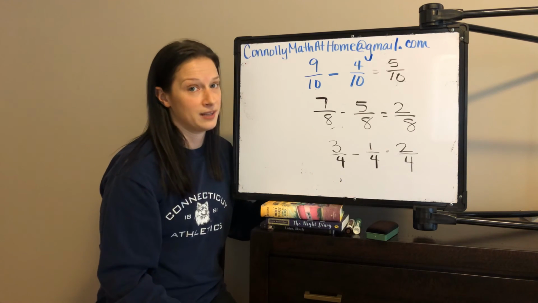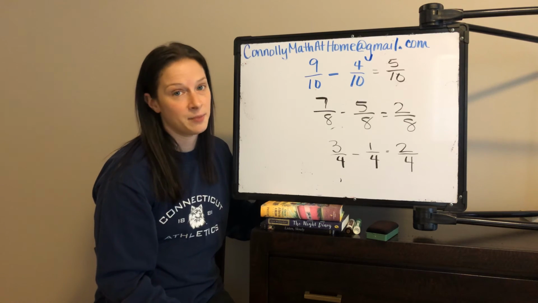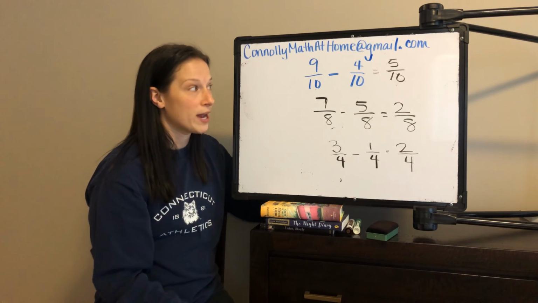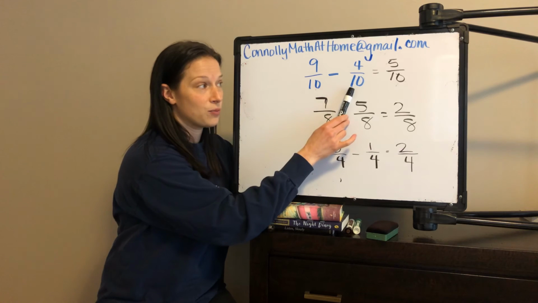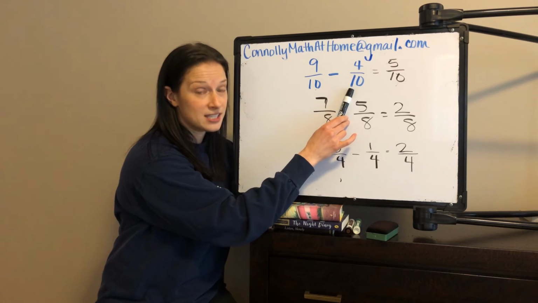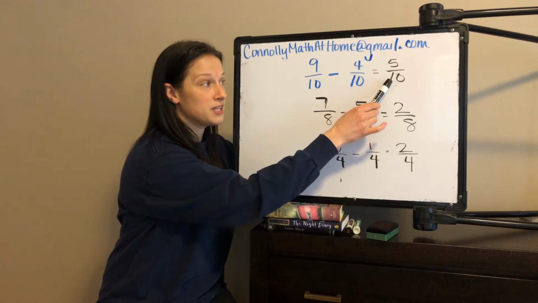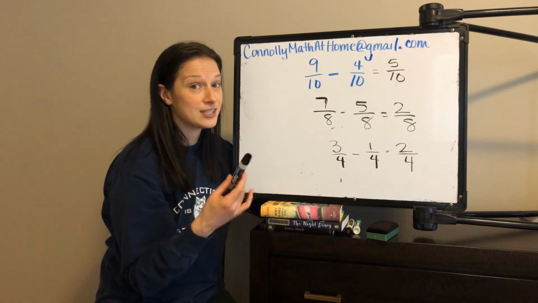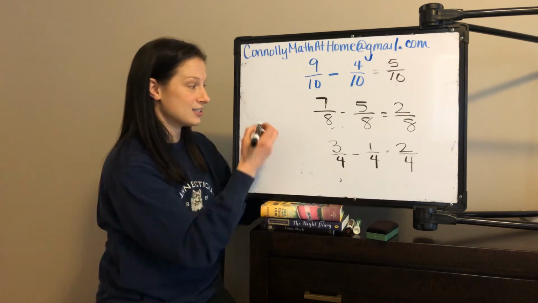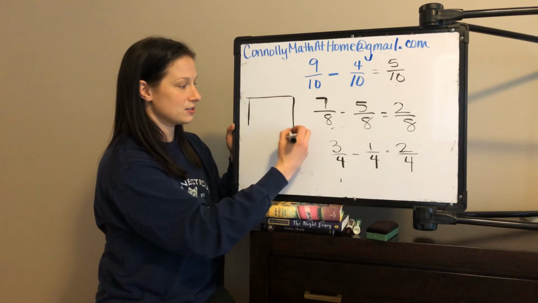So what I'm hoping that you're noticing is that our denominator did not change. When we talk about 9/10 and we take away 4/10, we are still ending up with tenths, okay? Those pieces that were left are still tenths. They're still that size, okay?